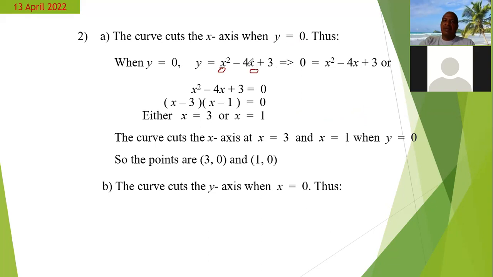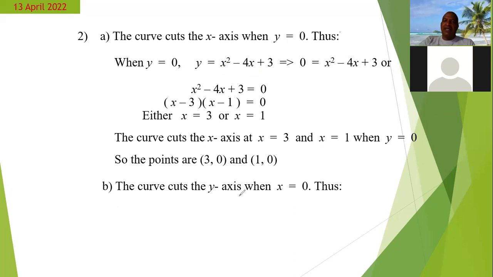We put 0 here, we get minus 4 times 0. And then now we do the calculation. So when you calculate 0 squared, you get 0. 4 times 0, you get 0. So y is going to be equal to 3. So that calculation is not so bad.